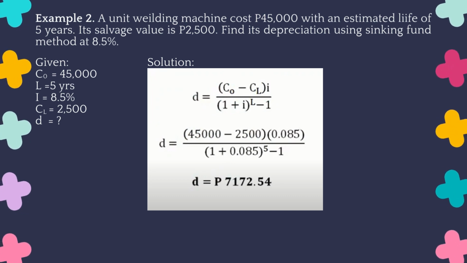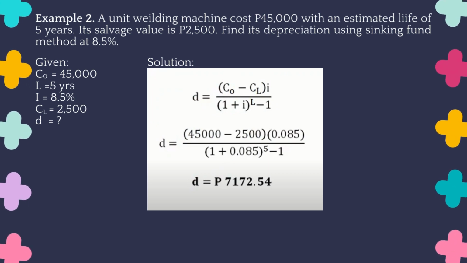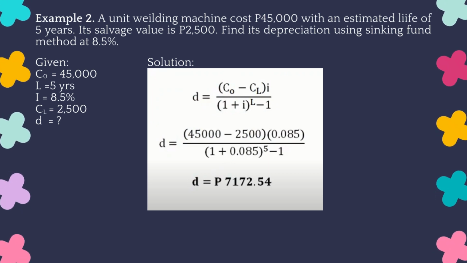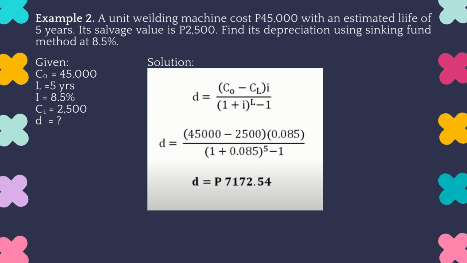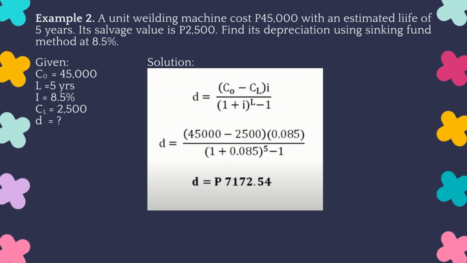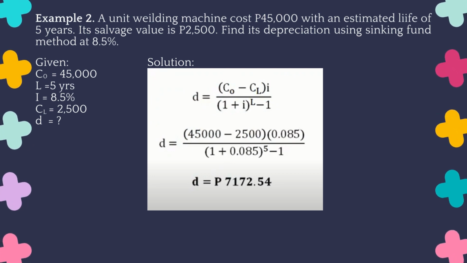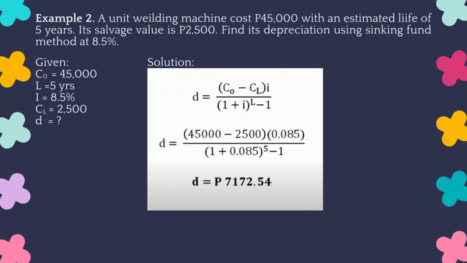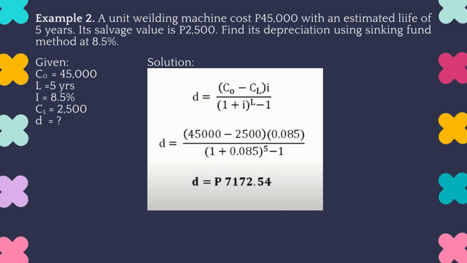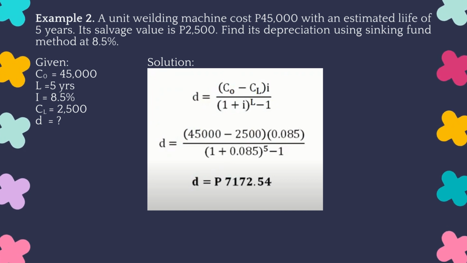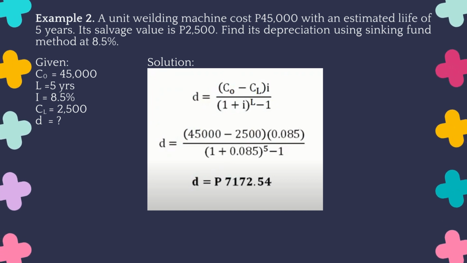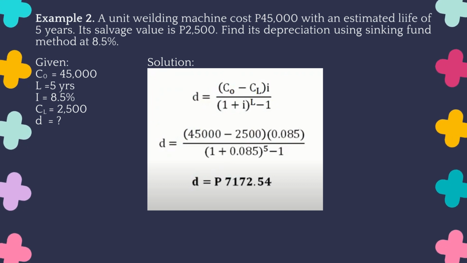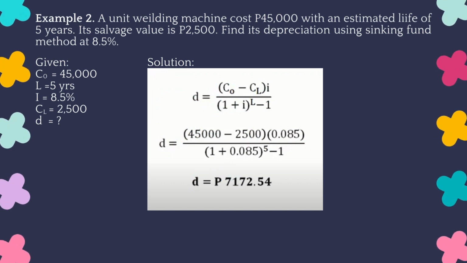Then, let us substitute all the values. The original cost is 45,000 minus the salvage value 2,500 times the interest rate 0.085 all over 1 plus the interest rate 0.085 to the power of L, which is the useful life of the property, which is 5, minus 1.